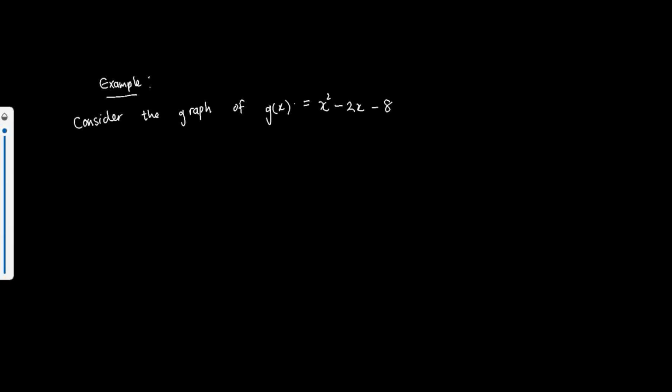And of course, if we complete the square, that's basically equal to (x minus 1) all squared minus 9.